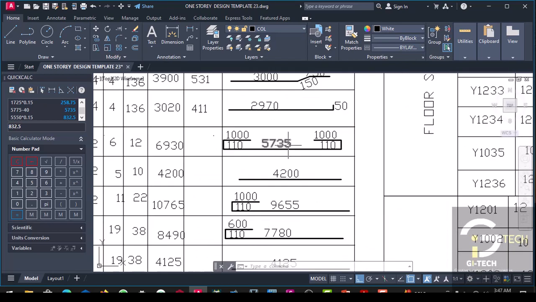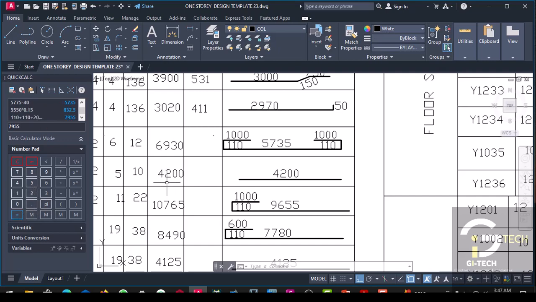Okay, so at the end of the day, we are going to add up everything here. So we have 110 plus 110 plus 2000 plus 5735.